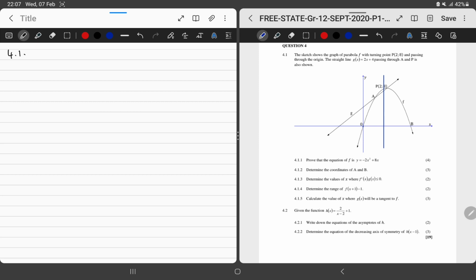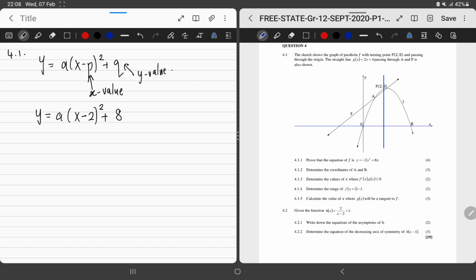4.1 I am given the coordinates of the turning point of the parabola, and we have this equation y = a(x - p)² + q, where p is the x value of the turning point and q is the y value of the turning point. I'm just going to substitute. y = a(x - 2)² + 8.